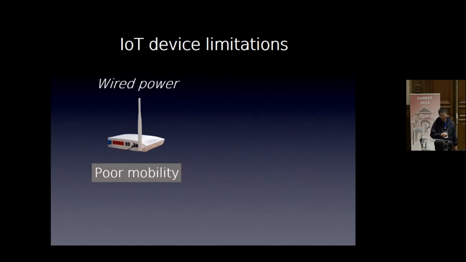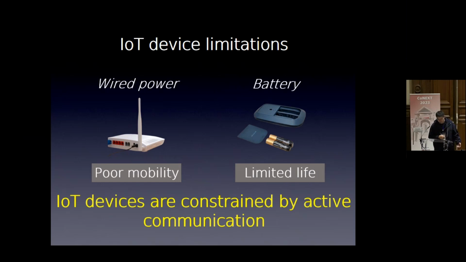Despite the tremendous number of IoT devices, they still suffer from some limitations. For example, in terms of power supply, one kind of these IoT devices needs to plug into wired power, so this setup has poor mobility. For devices that need batteries, their working life is limited to 1 or 2 years, and after the battery runs out, you have to change it.